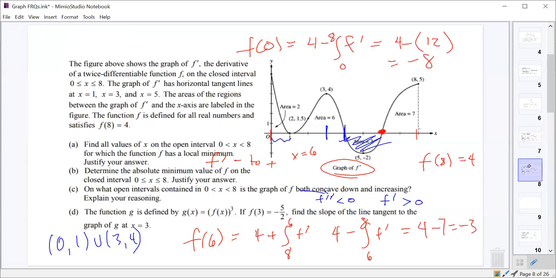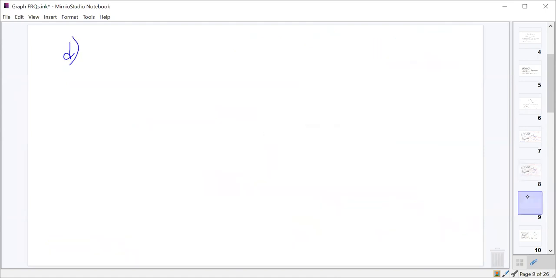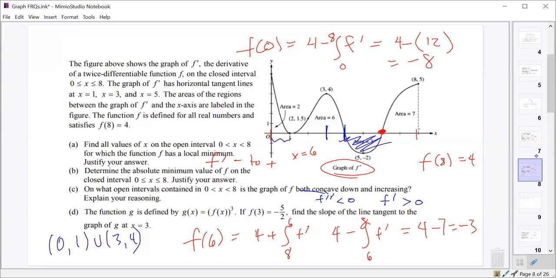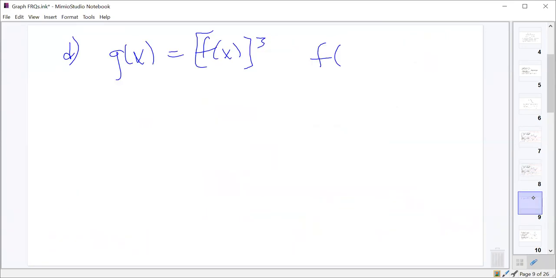Part D. So G is f of x cubed, f of 3 is negative 5 halves. Find the slope of the line tangent to G at x equals 3. So I'm going to write this out here. G of x is f of x cubed. And what did it say? F of 3 was negative 5 halves.